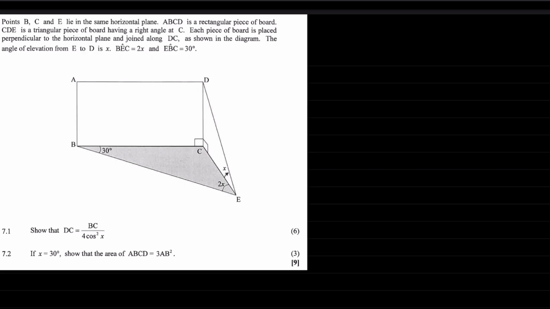Okay, now if I look at this, I see that DC falls in this triangle right here. So it would make sense to start with that. And let's redraw this triangle so it's a bit easier for us to see. That's x, that's 90, that's DC, and then that's E. Now we have some options here, but we need to be smart about this.